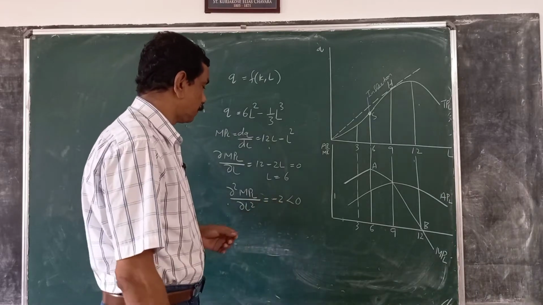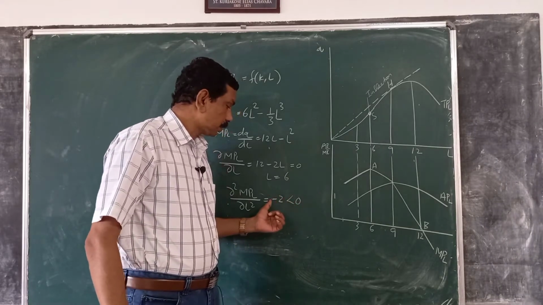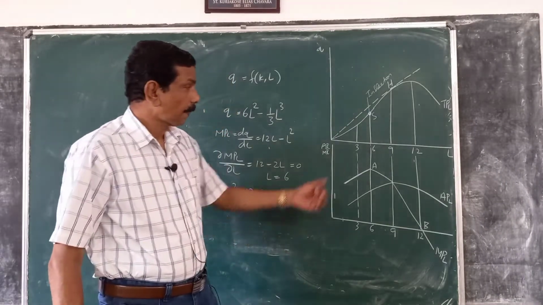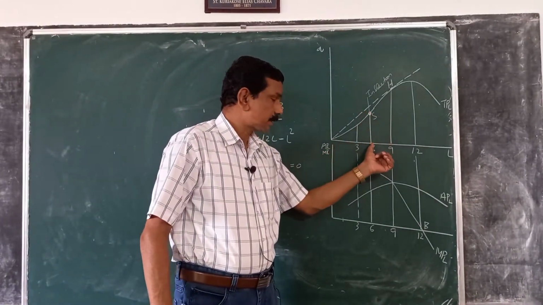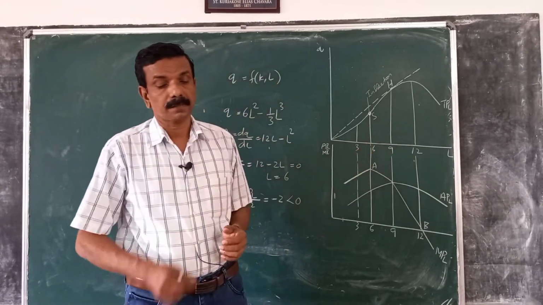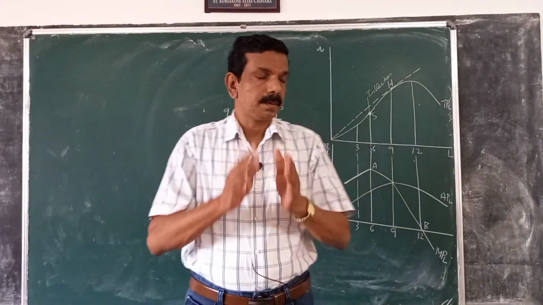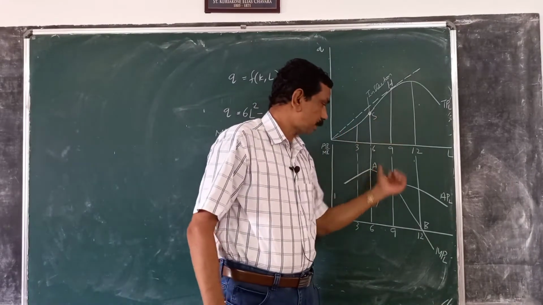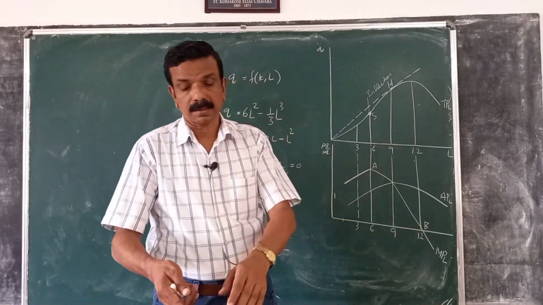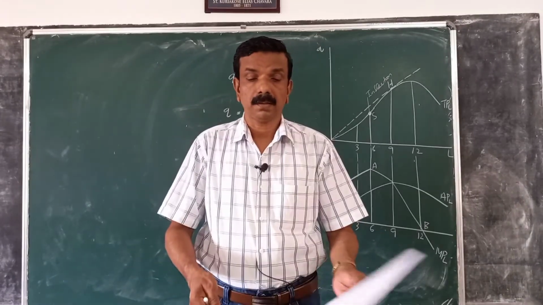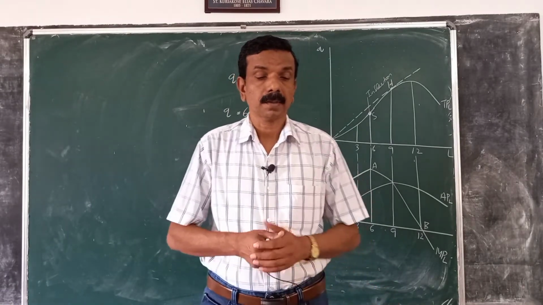Second order condition for maxima is satisfied. So, L equal to 6 is the point where the slope is the maximum, or MBL is the maximum. Slope of total product or MBL is maximum.